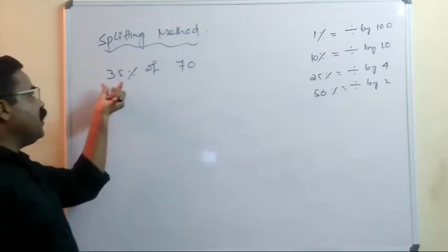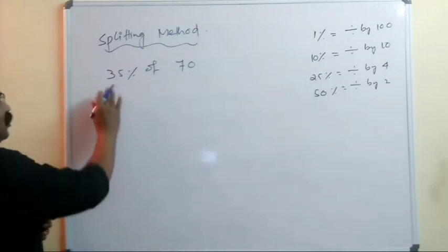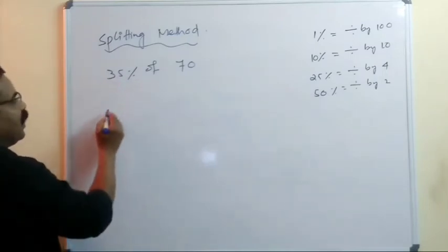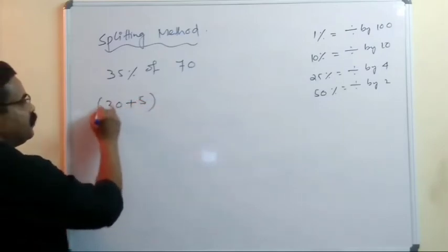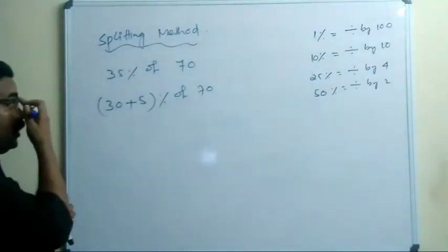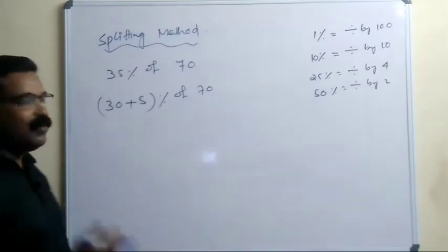35%, either you can split 35 or you can split 70, up to us only. So 35% of 70. So I am splitting 35% like 30 plus 5 percentage of 70. So we have already seen 30 percentage of 70, direct multiplication method.